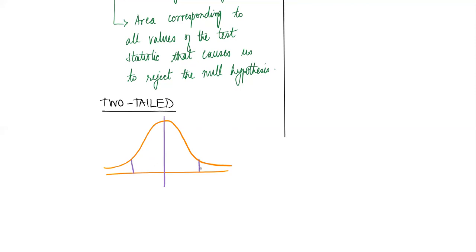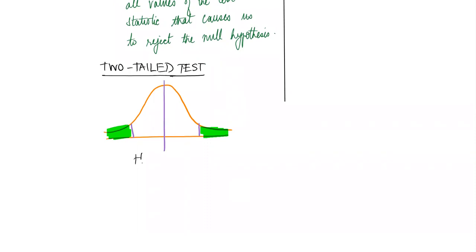Two-tailed, as the name says, if you have two ends that are shaded, then it's two-tailed. How do I know I have to use a two-tailed test? So if your H1, your alternate hypothesis, uses a not equal to, then we use a two-tailed test. When we get to the test, I'll tell you what that is, but we use the two-tailed test, which means you are shading both the tail ends.